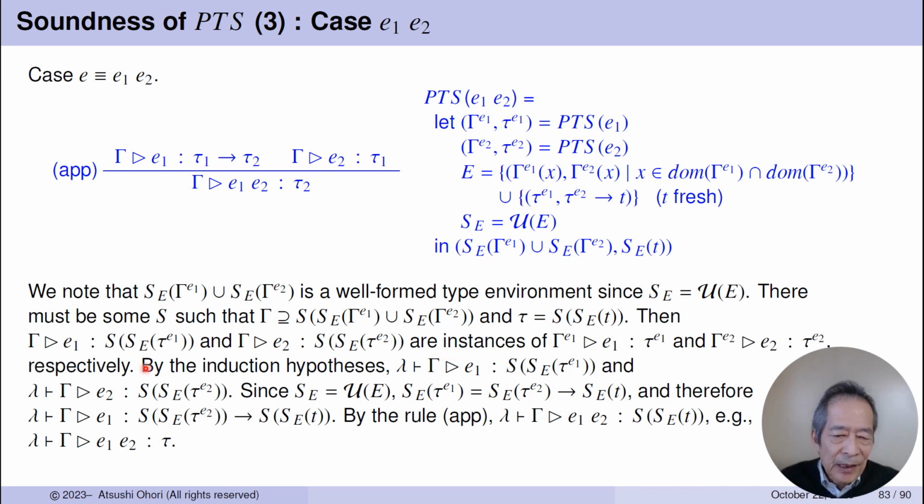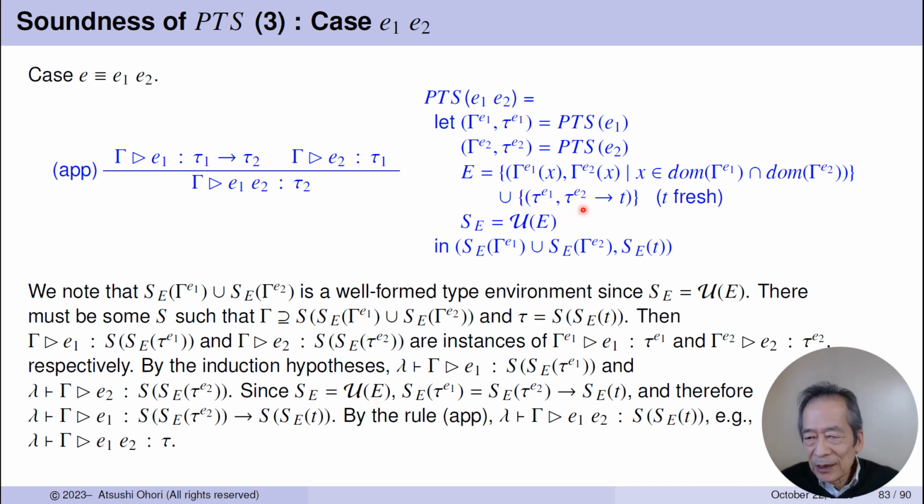So by induction hypothesis, because these typings are principal, generated by PTS, instances are derivable. So this is derivable and this is derivable. So far we have two derivable typings, but also this SE is a result of the unification of this equation.